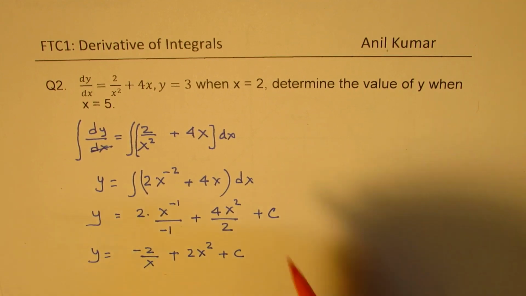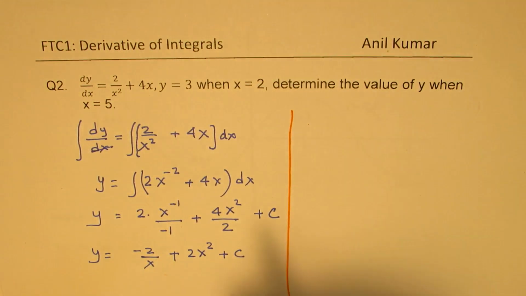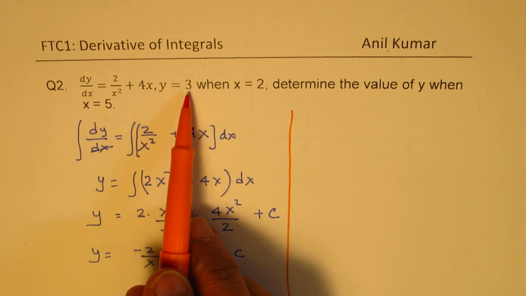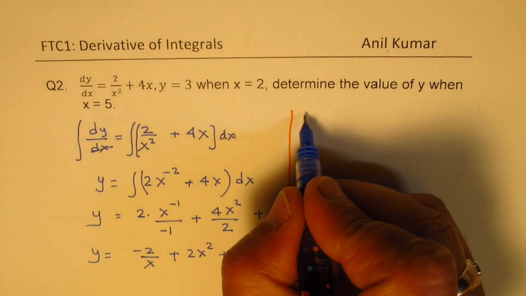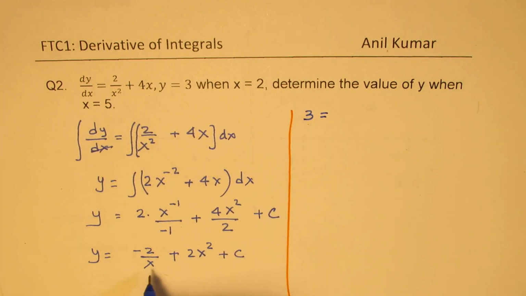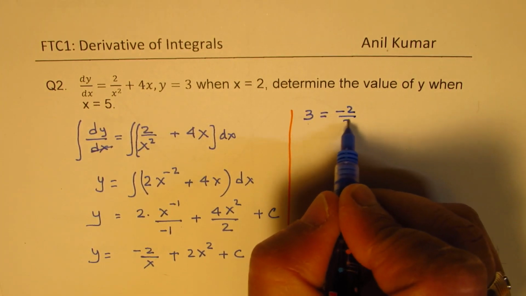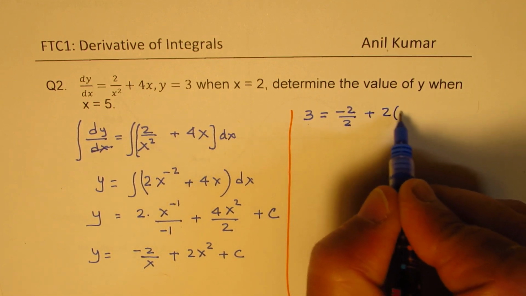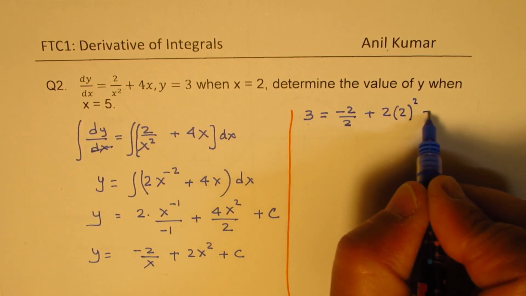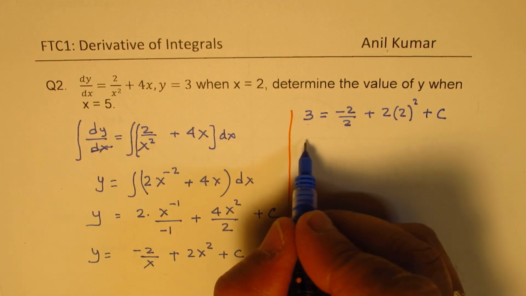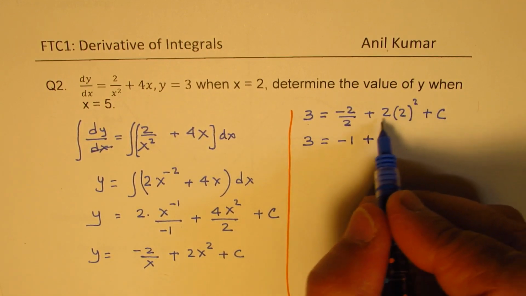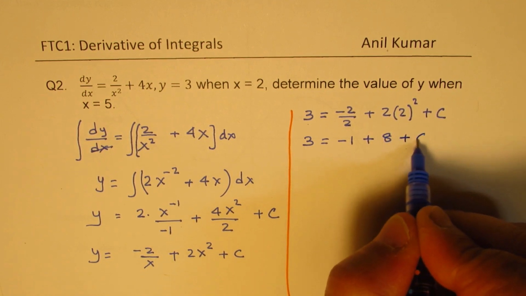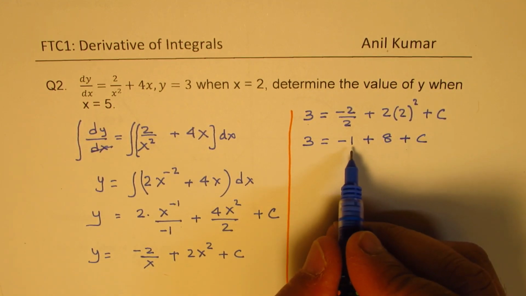Now we are given the initial condition, which is y equals 3 when x equals 2. So let's substitute x equals 2 and y equals 3. So we get 3 equals minus 2 over 2 plus 2 times 2 squared plus c, which is minus 1 plus 8 plus c, and 8 minus 1 is 7.